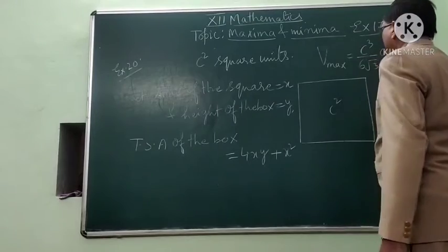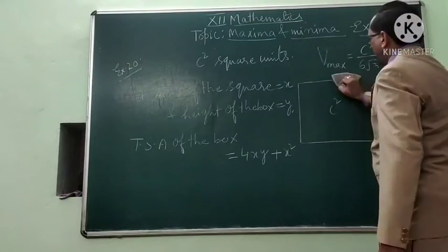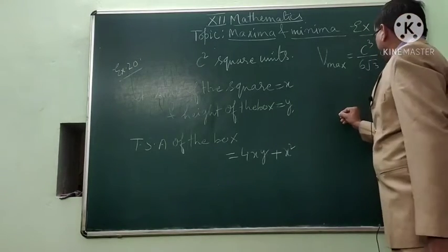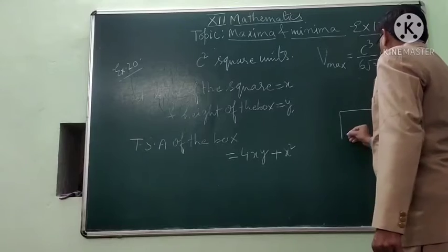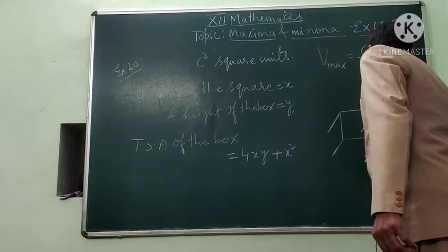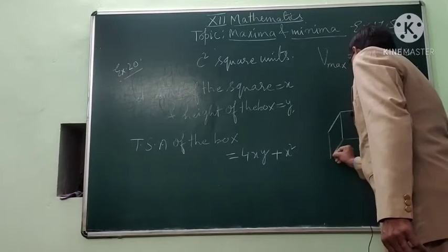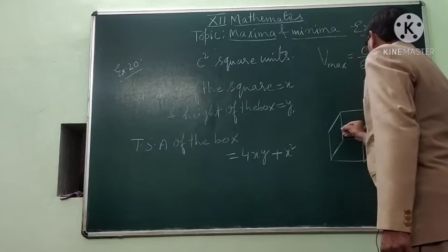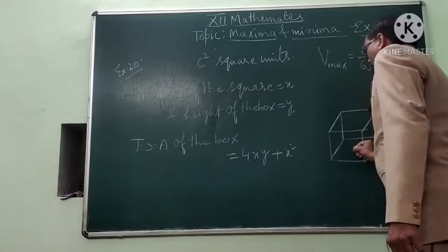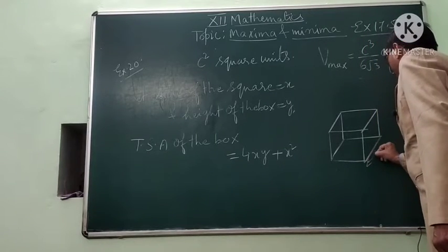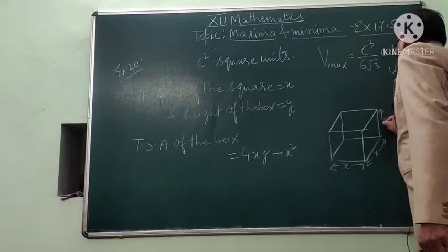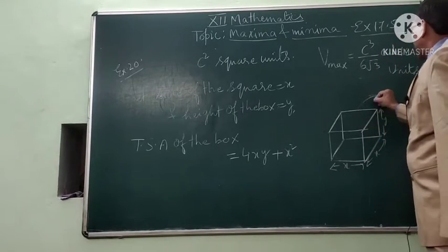The box is like a cuboid, its base is x square, side is x, and height is y. And this part is open.